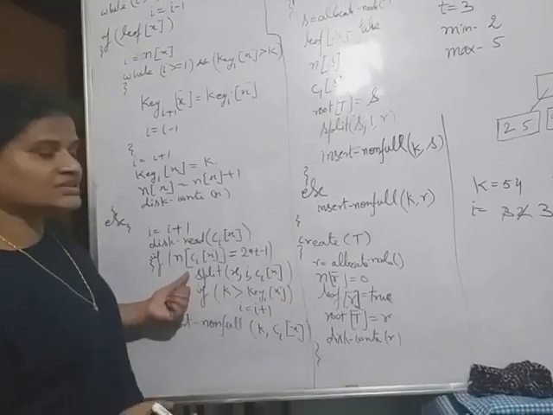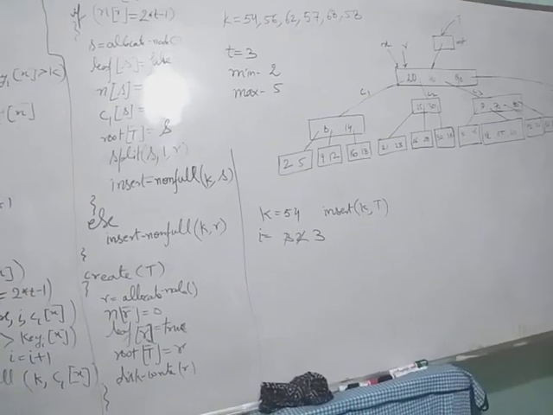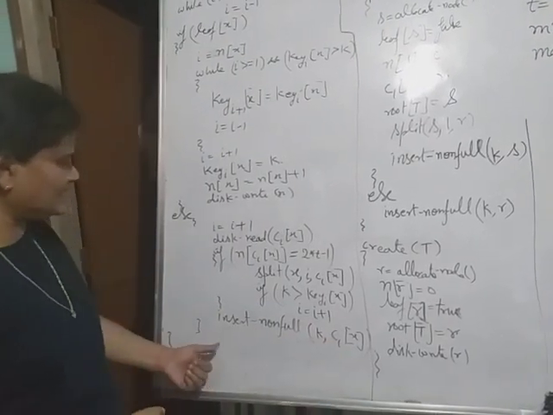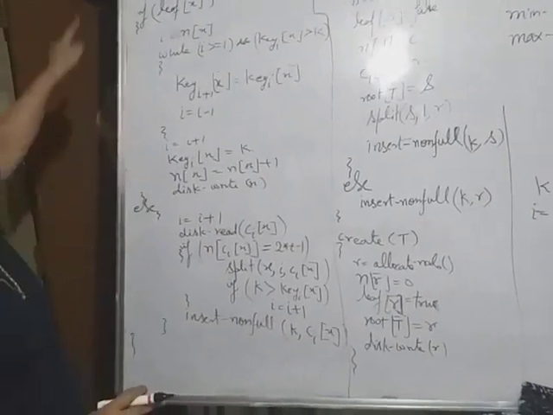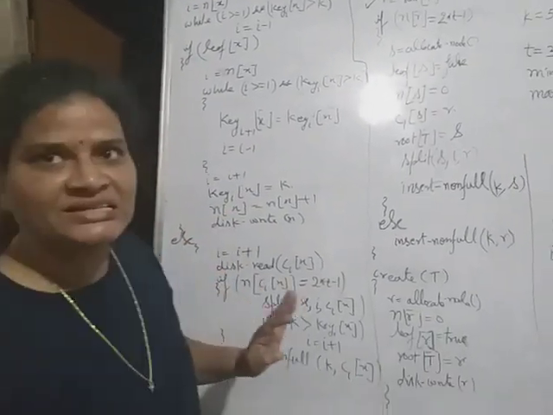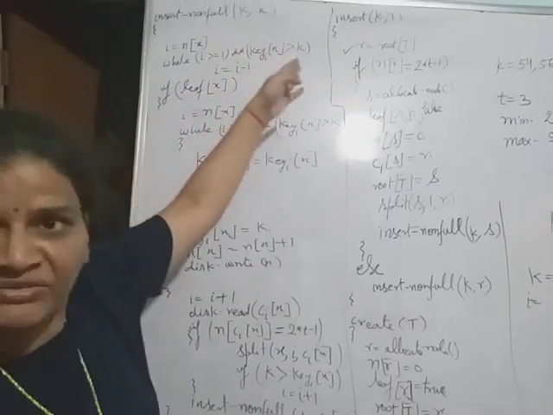At this time it is not full. There are 3 keys and the maximum is 5. So insert non-full (x, k) will be called again, because the C3 child is not full.